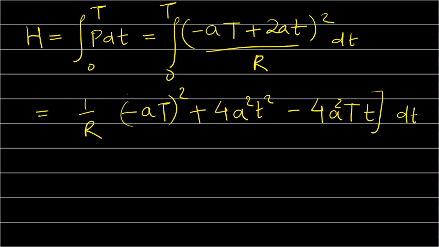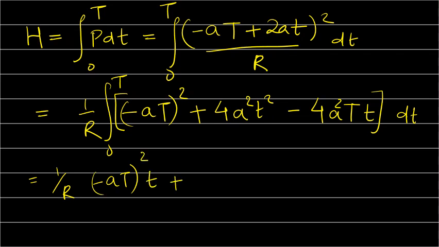Integration 0 to t. This becomes 1 by r my a t square t plus 4a square t cube upon 3 minus 4a square t t square by 2, 0 to t.